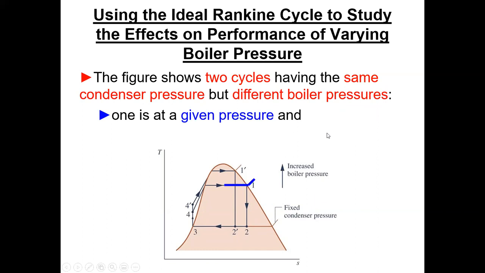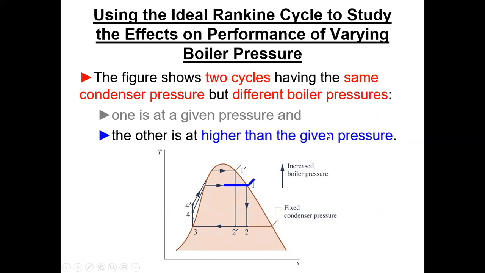So we're showing here our initial boiler pressure, and then we're going to go to a higher pressure up there, just to illustrate the change in the cycle. Is there anything else we need to say there?